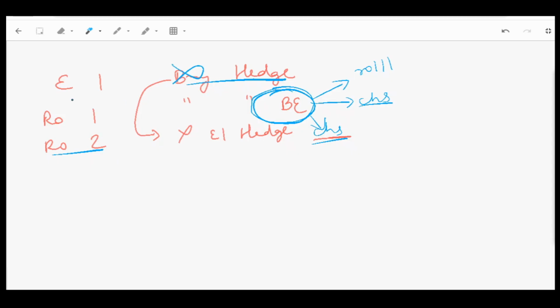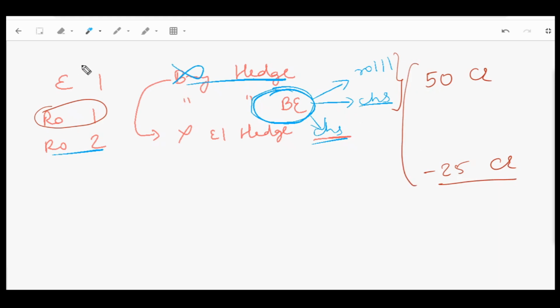Let me bring you to the basics. As soon as RO1 happens, our call hedge quantity will become 50, and we already have minus 25 if you are working with one lot. So as soon as RO1 happens, until we exit this initial or previous hedge, our net quantity of call would be 25, right?